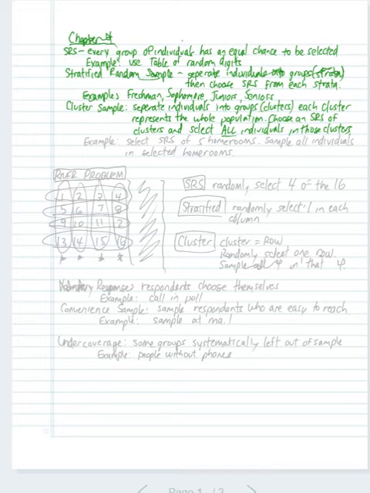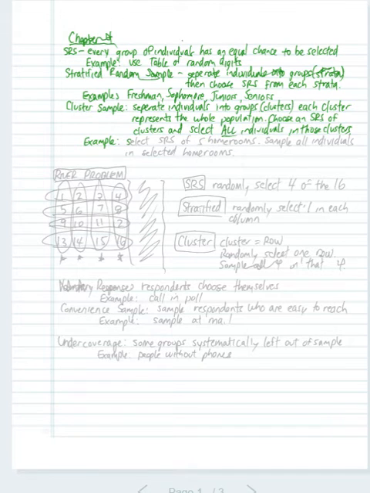So the example for that was kind of harder for us to come up with in class. But I think what we decided on was that if we wanted to do this for East Kentwood High School, we would have a homeroom, and in every homeroom there would be freshmen, sophomores, juniors, and seniors. So each homeroom individually is a cluster which accurately represents the whole population.